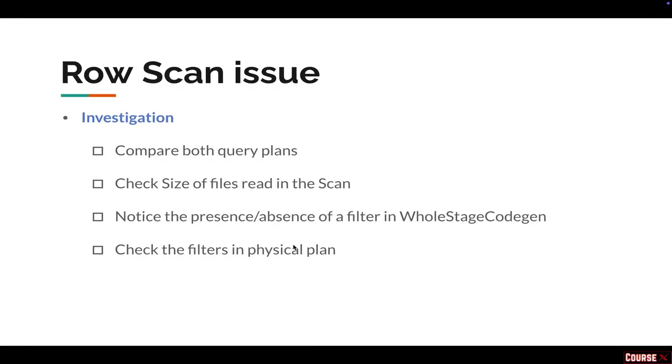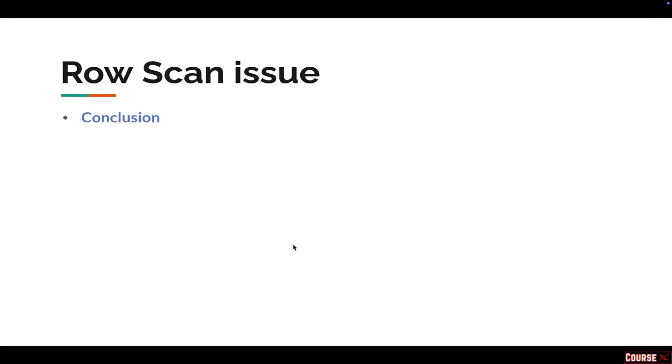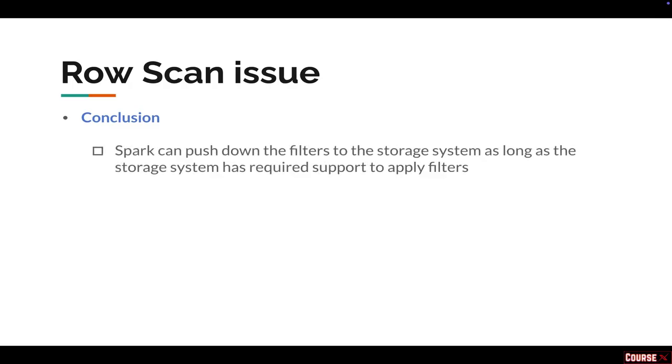So we validated it. So what is the conclusion here? Conclusion is Spark can push the filters to the storage layer as long as the storage system has the required support to apply the filters. So if the storage system is partitioned based on the filtered columns, then Spark can push down those filters to the storage layer, and it can read only those records which we are mentioning in the filter condition.